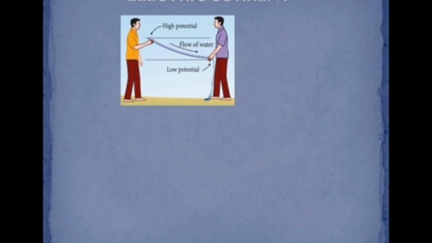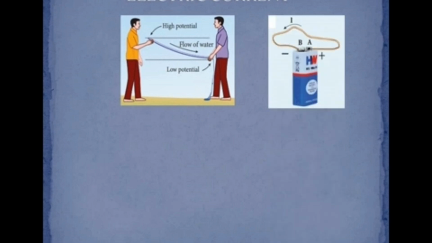Just as water flows from a high place to a low place, charges flow from the higher potential to the lower potential. Potential means the potential energy of the charges, positive or negative. In a battery, the negative terminal is the lower potential and the positive terminal is the higher potential.